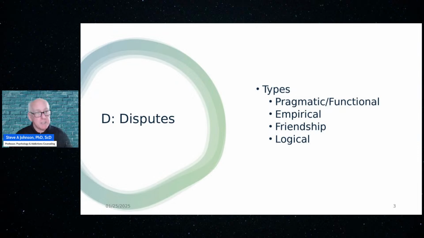Now, the one that they feel most helpful is the empirical one, right? So with the empirical one, we would ask, where is the evidence for that belief? What evidence do you have that that belief is correct or reflects reality?